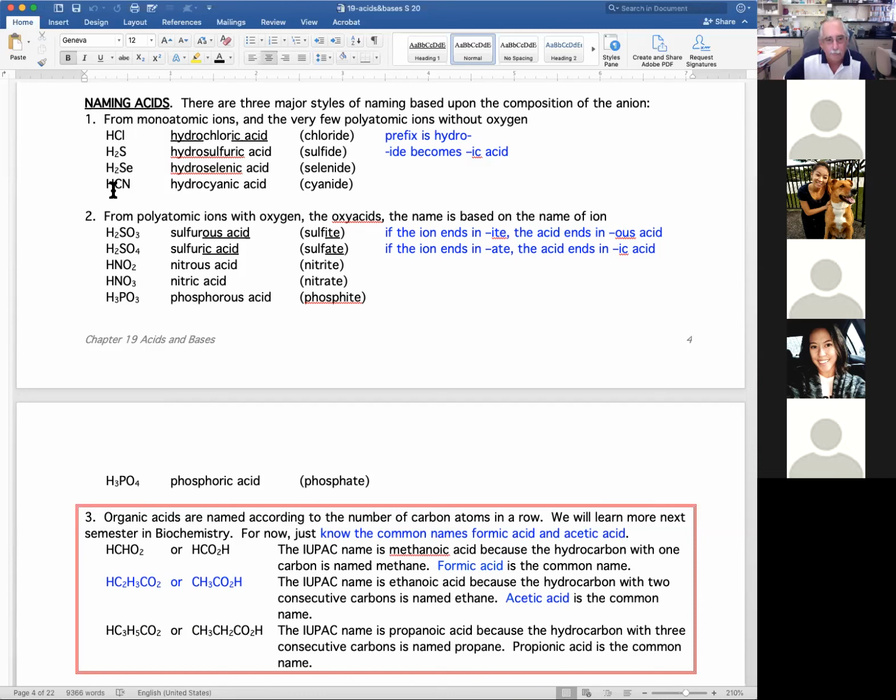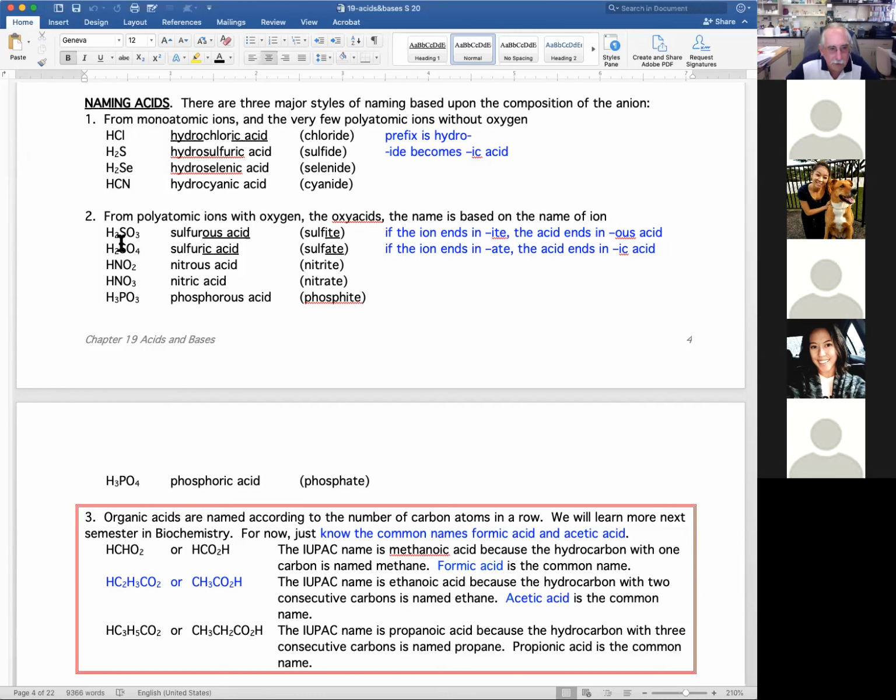Then the other is from polyatomic ions that do have oxygen. So these are often called the oxyacids. So here we have to go by how the name of the polyatomic ion inside of the acid is named. So you see this one? That's sulfite.